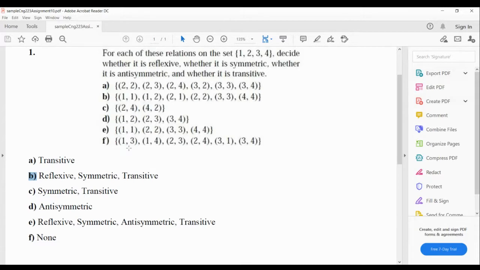And for part F, 1, 3 and 3, 1, this is a counterexample. So we cannot consider antisymmetric a property for this relation. What I want you to notice is that it's possible that a relation is both not antisymmetric and symmetric at the same time.